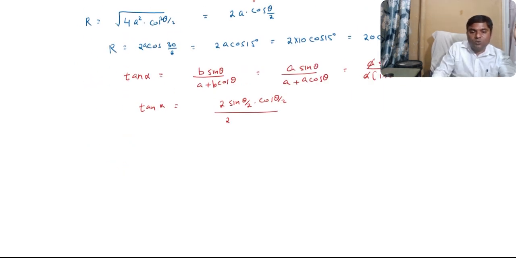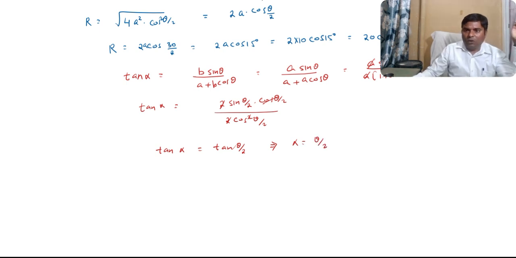I hope you understand, 2 cos square theta by 2. Now we cancel out 2 and 2, and cos theta by 2 with one square term. So we have tan alpha is equal to tan theta by 2. Hence, alpha is equal to theta by 2.